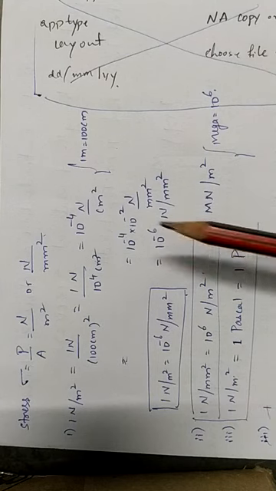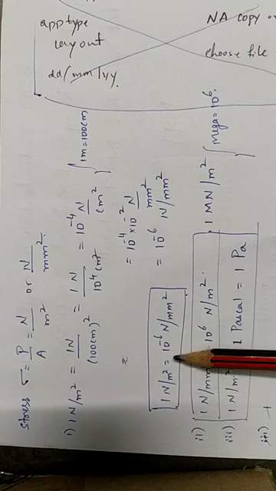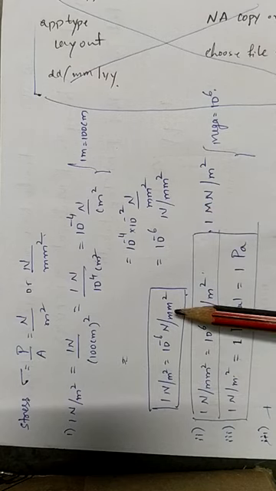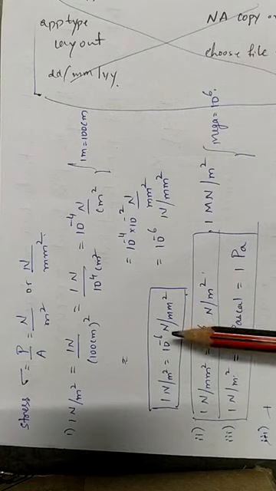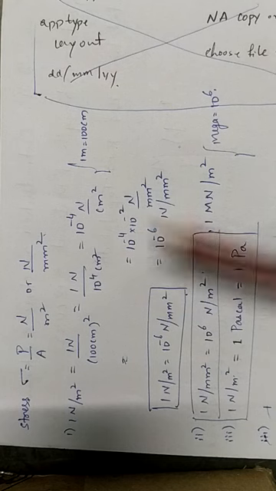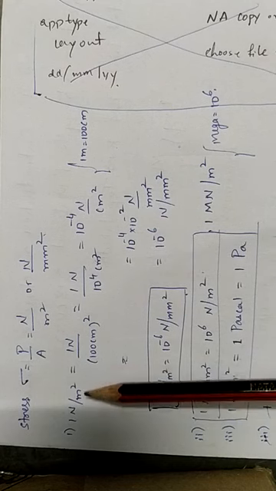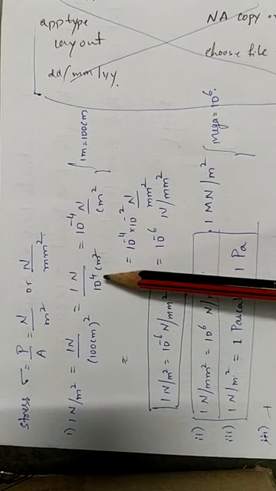Therefore, 1 Newton per square meter is equal to 10 raised to minus 6 Newton per mm square. Is it clear? It's very simple. Here there is no confusion. According to the basic definition, 1 Newton per meter square: 1 meter is equal to 100 centimeter, that is 10 raised to 4 centimeter square.